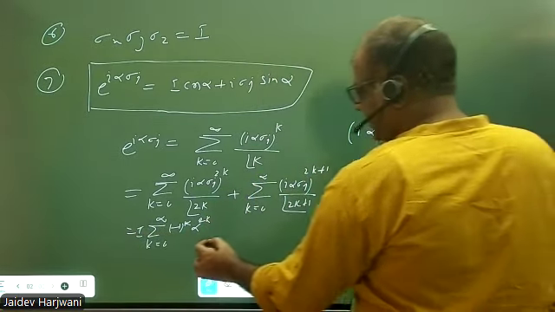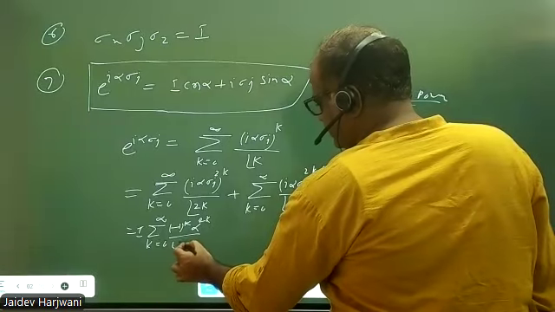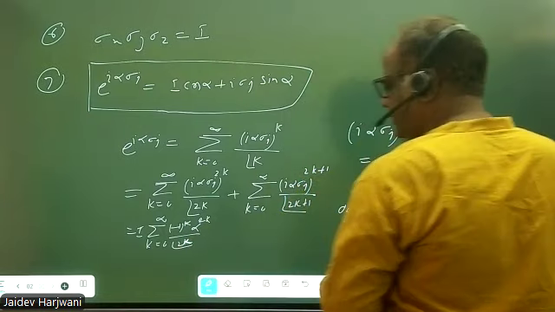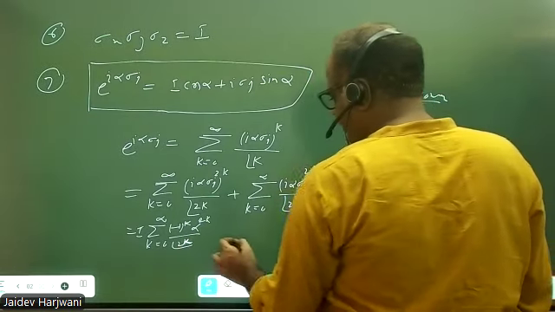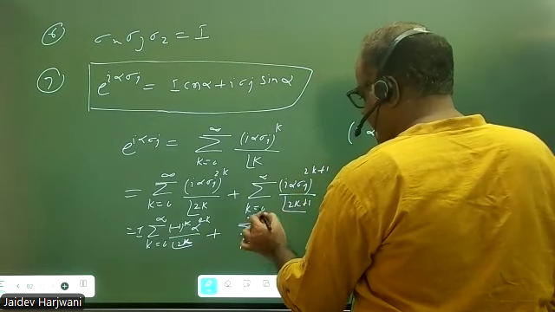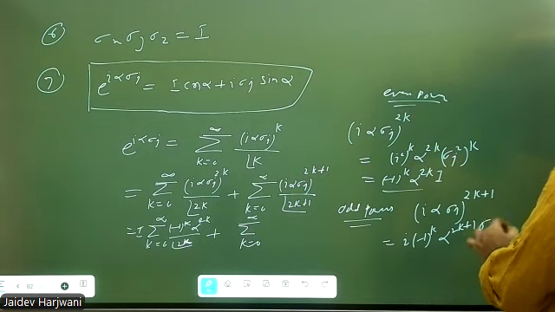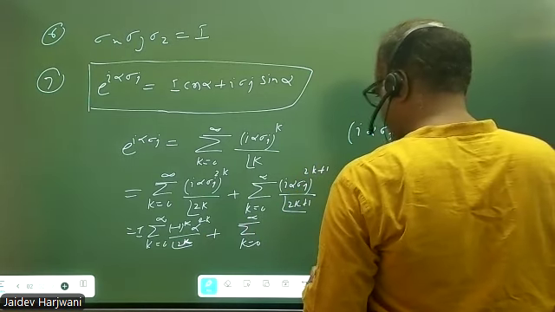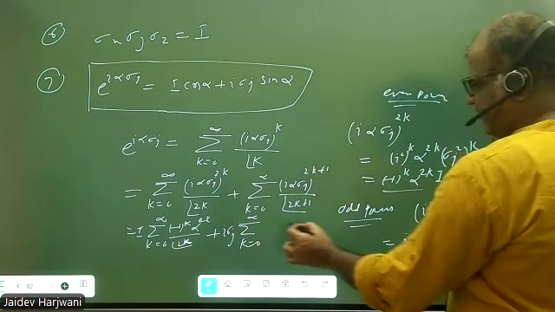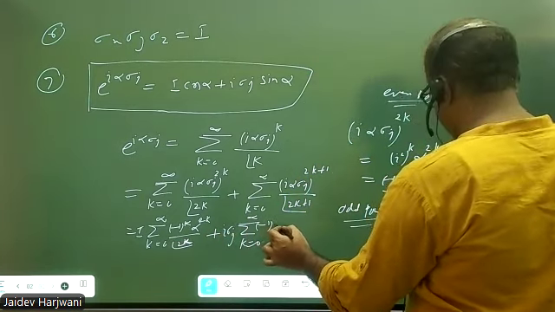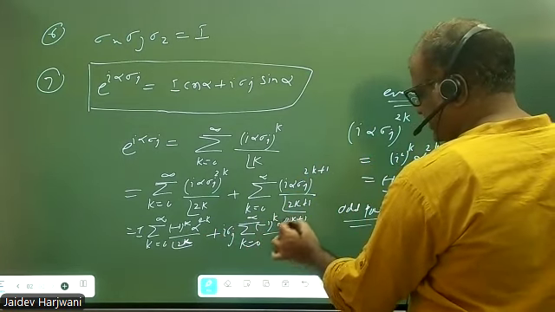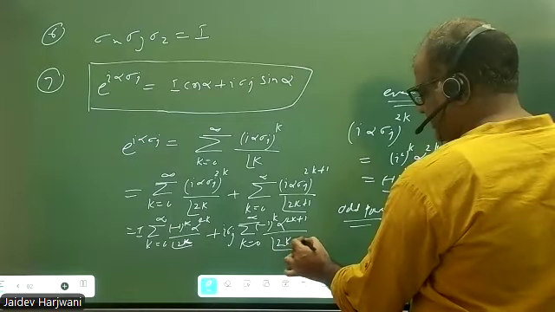Then k equals 0 to infinity, σ_j is there. Okay, so iσ_j is there, and inside will be (-1) power k α^(2k+1) upon factorial 2k plus 1.